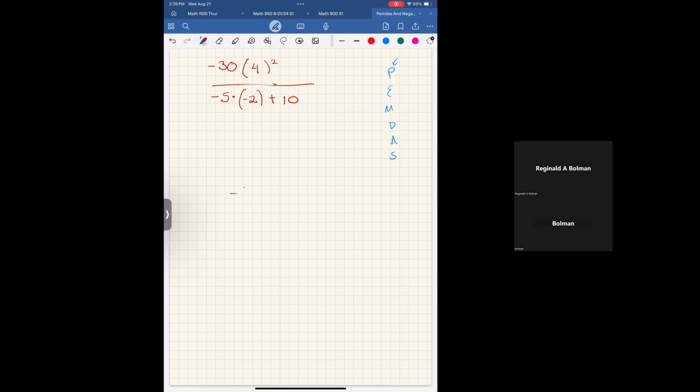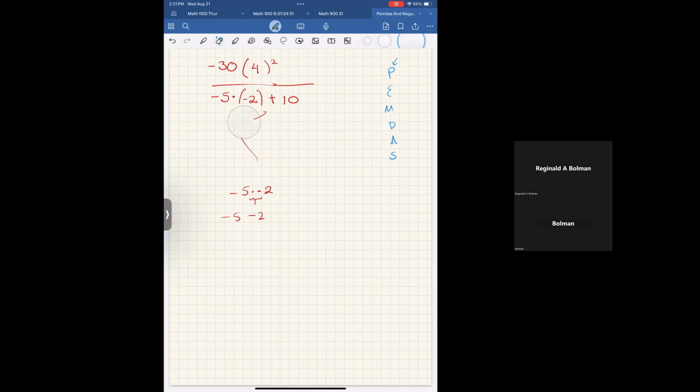If I wrote this problem as -5 times -2, you'll note that it's the same thing as this, but because there's this little dot operator and a negative sign, it's very easy for us to look at this problem and say this is actually -5 minus 2 if we're moving too quickly.